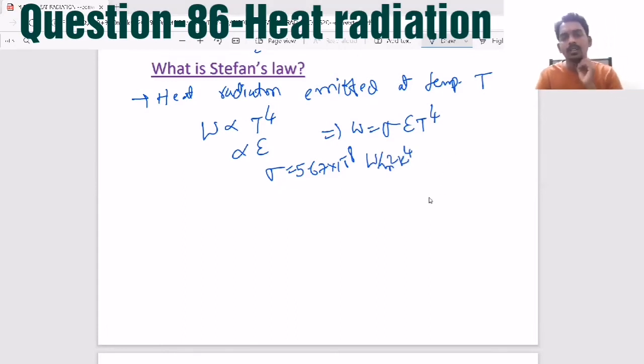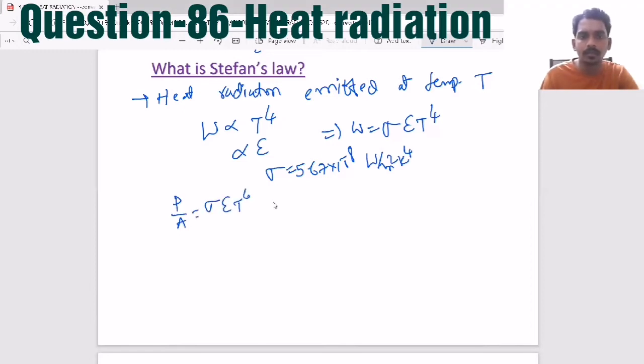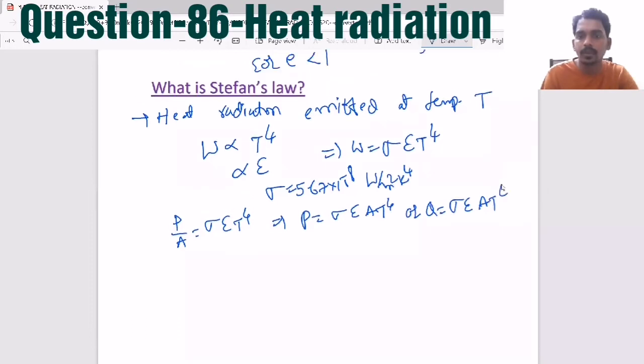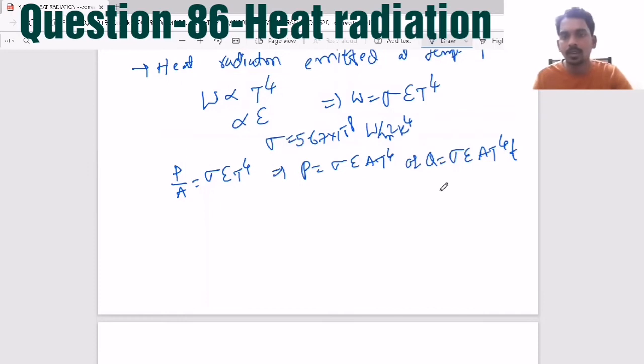This is the Stefan's constant. Based on this they can ask questions: W is nothing but P by A equal to sigma epsilon T power 4. So P equal to sigma epsilon A T power 4, or else Q equal to sigma epsilon A T power 4 into t. Anything they can ask: emissive power, radiation power or heat radiation.